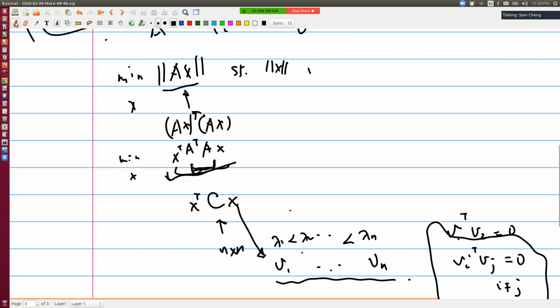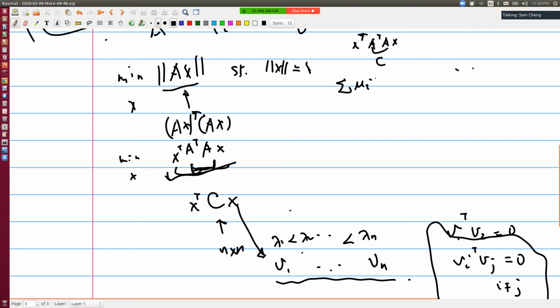So now I do the same thing for Ax here. So I have x transpose A transpose Ax. Oh, this is C, right? Remember, v_1 up to v_n are eigenvectors of this C here. So I rewrite this again.